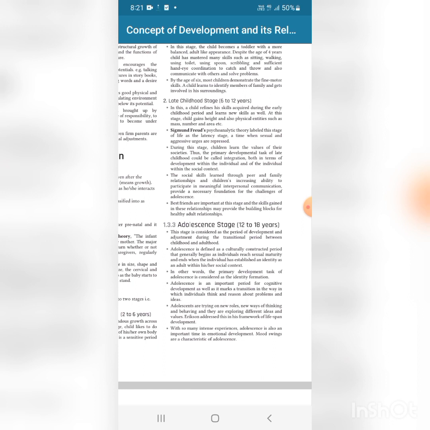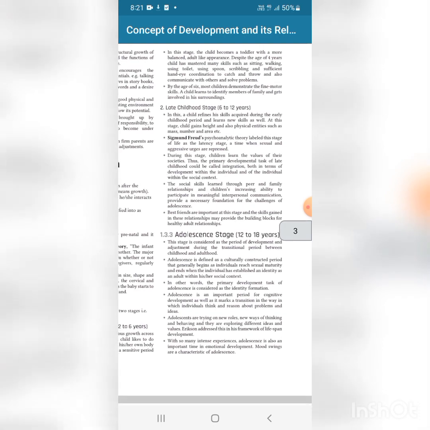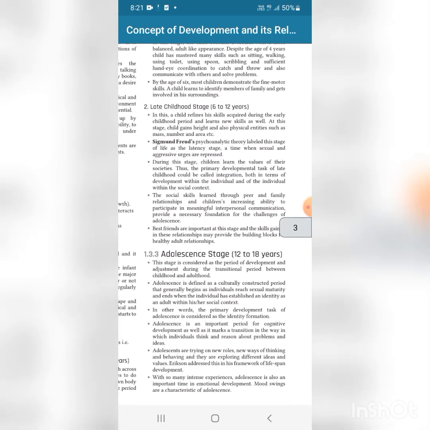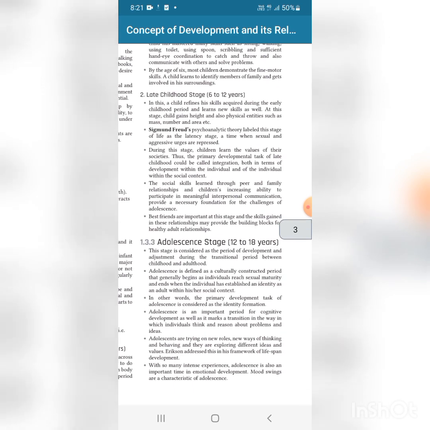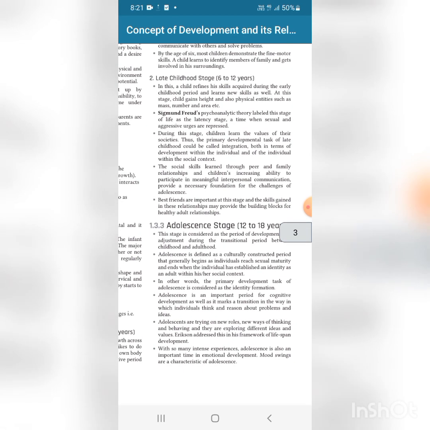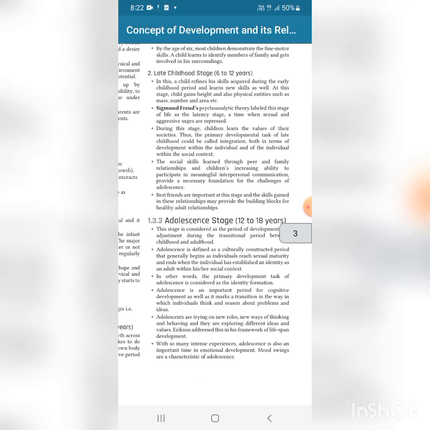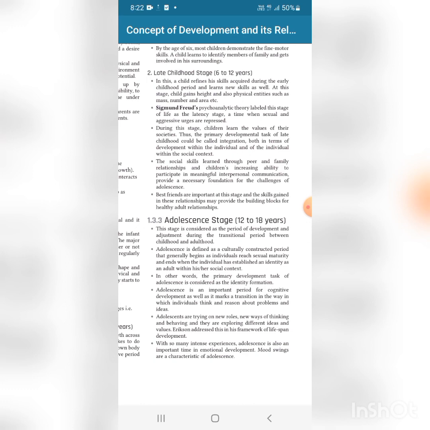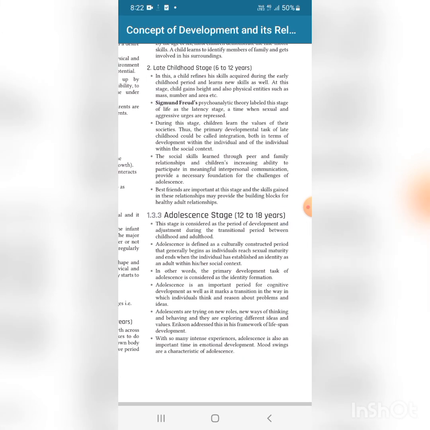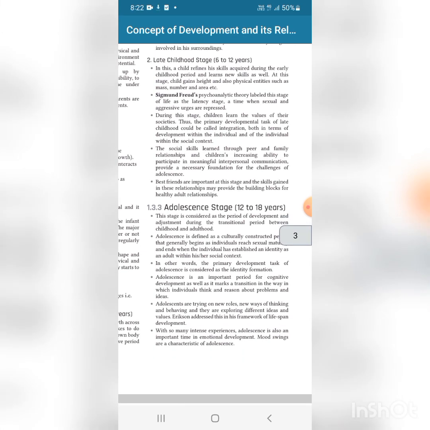According to Sigmund Freud's psychoanalytic theory, this stage of life is labeled the latency stage, a time when sexual and aggressive urges are repressed. During this stage, children learn the values of their societies. Thus, the primary development task of late childhood should be called integration, both in terms of development within the individual and of the individual within the social context.